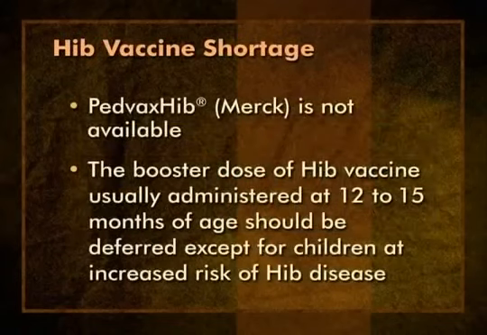At the time this program was updated, February 2009, Merck's Hib vaccine, PedvaxHIB, is not available in the U.S. During the shortage, CDC recommends that the booster dose of Hib vaccine, usually administered at 12 to 15 months of age, be deferred except for children at increased risk of Hib disease.